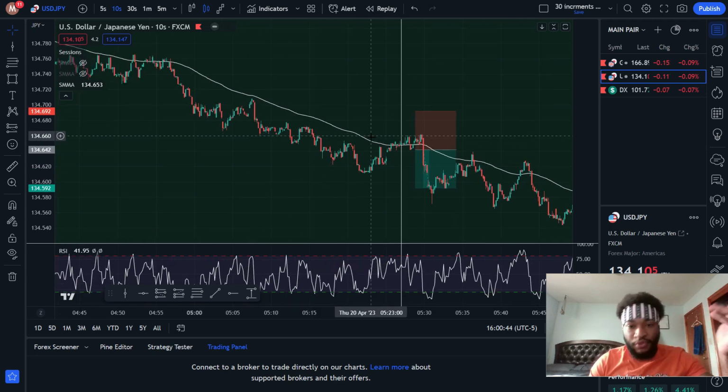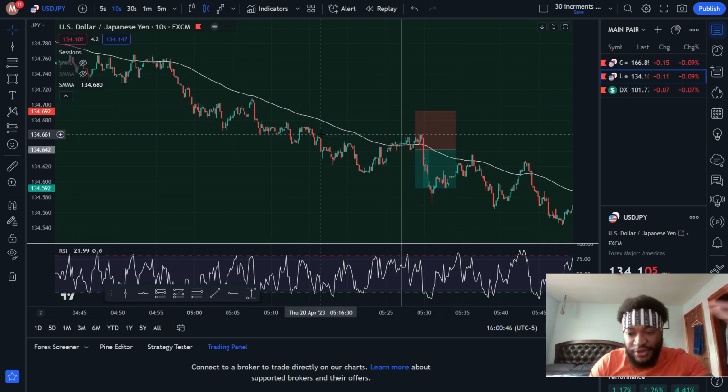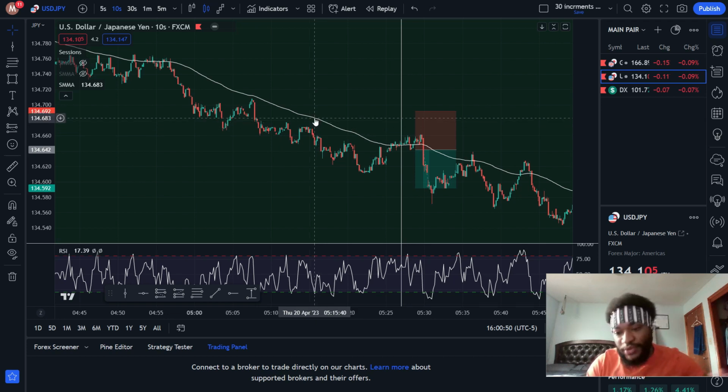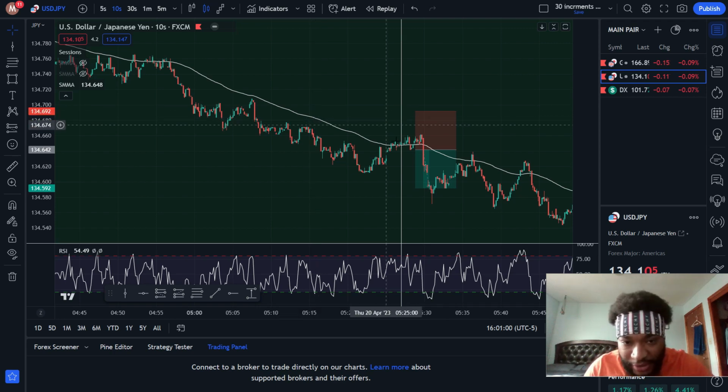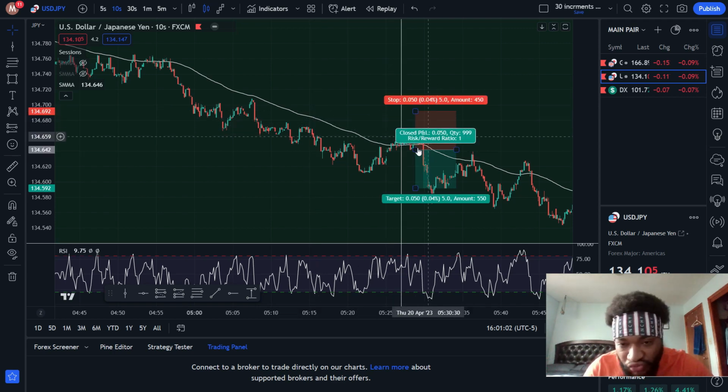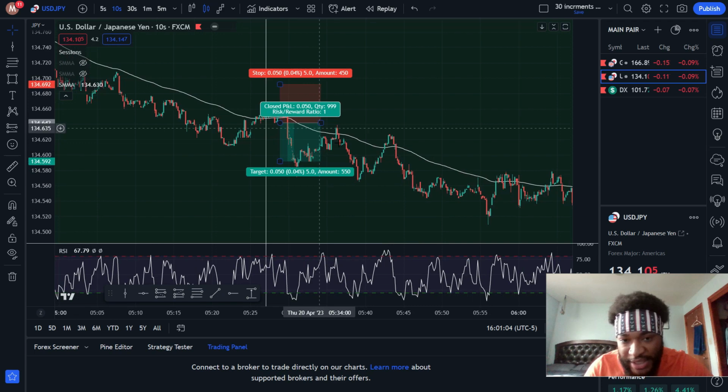Sometimes you might have to risk more. Like, as you see that one trade I did, it was 6 pips, because of market structure, I knew that was the last high, so my stop loss had to be a pip and a half higher. But right here, I know I'm just going to do a normal standard 5 pips to catch 5 pips.